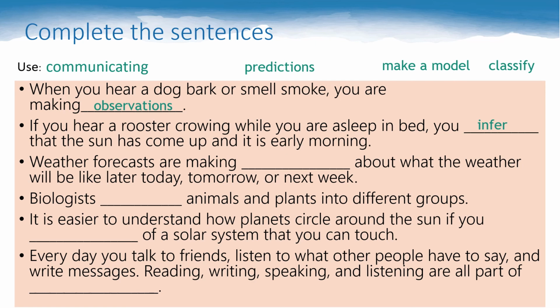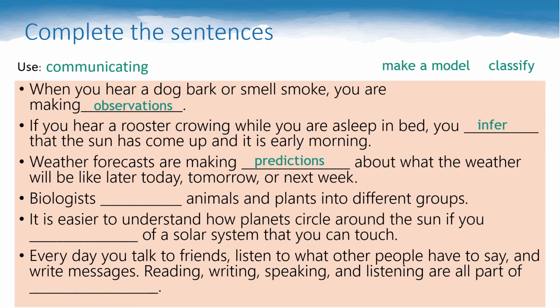All right, let's move on. Weather forecasts are making about what the weather will be like later today, tomorrow, or next week. Which word goes here? Very good. Predictions. Biologists animals and plants into different groups.